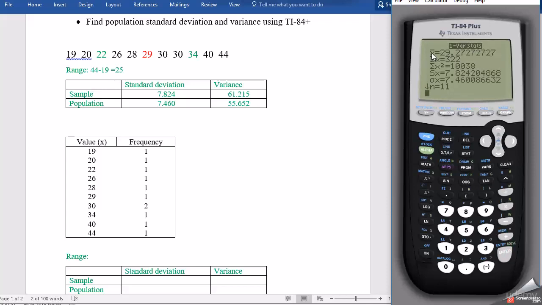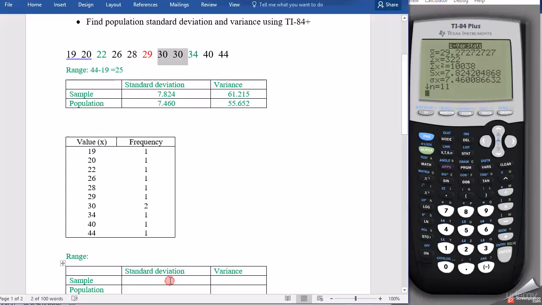You can notice that we have exactly the same thing, 29.27 as a mean. Then the standard deviation for the sample is 7.824. Let's write it here. It's exactly the same thing as what we had up here. And the population standard deviation is the same thing, 7.460. So we have 7.824, and the population standard deviation is 7.460.